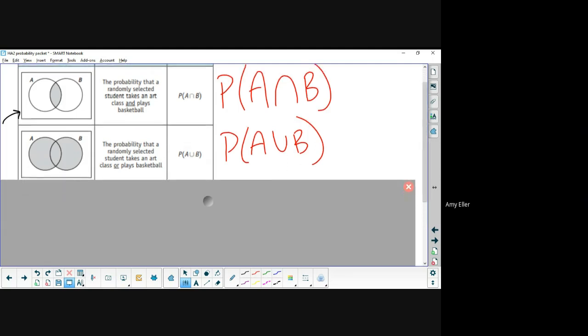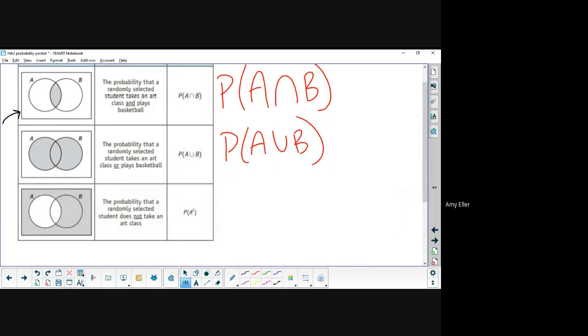And the last one is probability of A complement, or not A. Remember, there's a lot of ways to write complement. That's one way to write it, or you could actually have the word not.